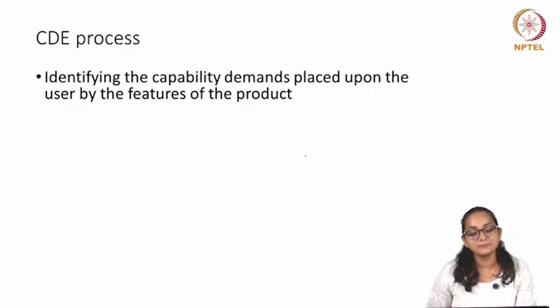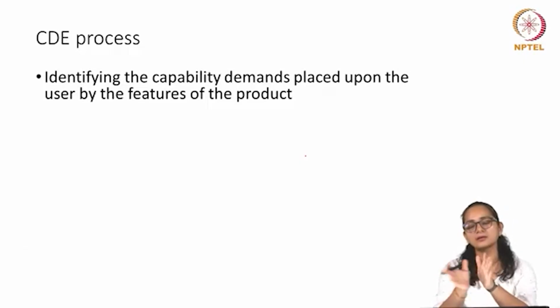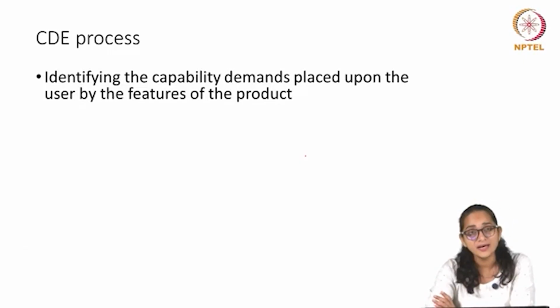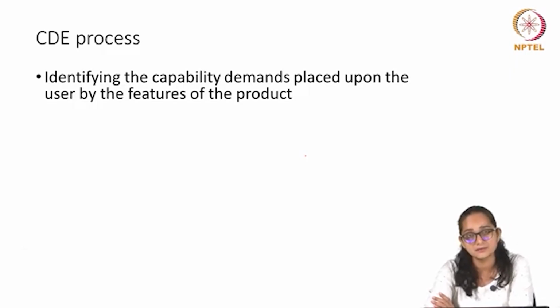So what does it say? It says identifying the capability demands placed upon the user by the features of the product. What we are trying to assess is, I think in one of the previous sessions around week 1 or 2, we discussed something called ability bias, right?